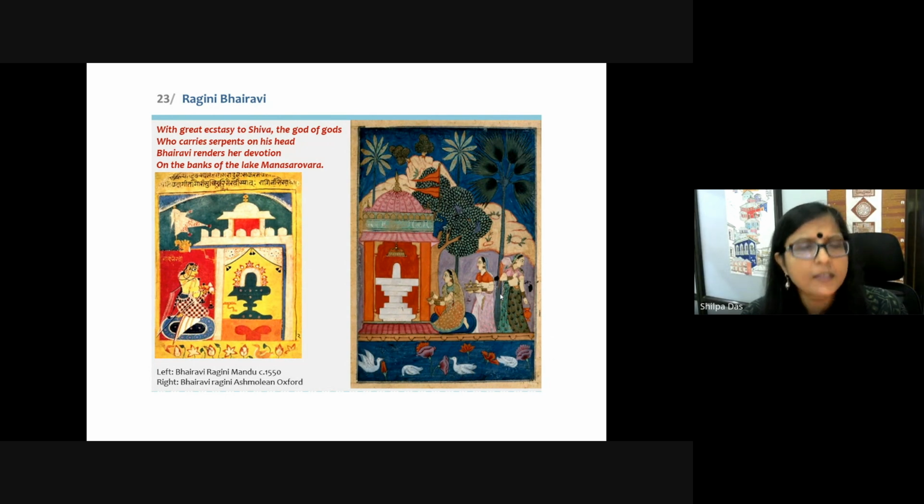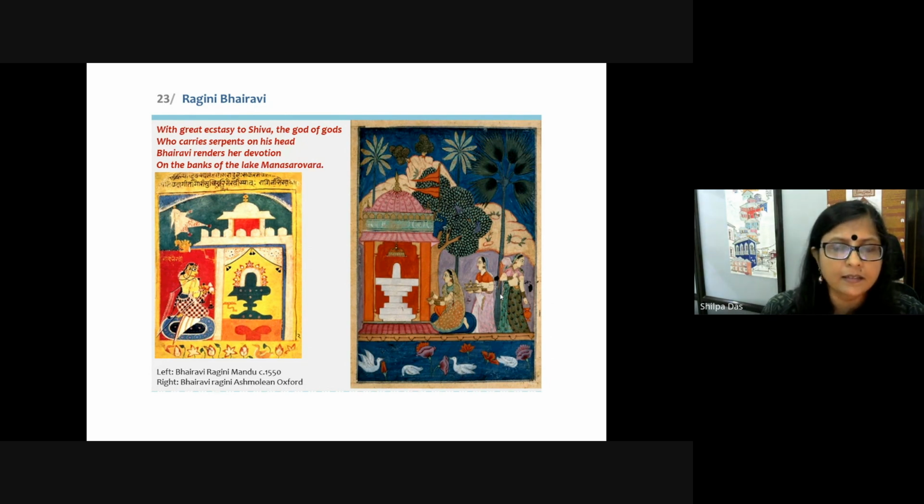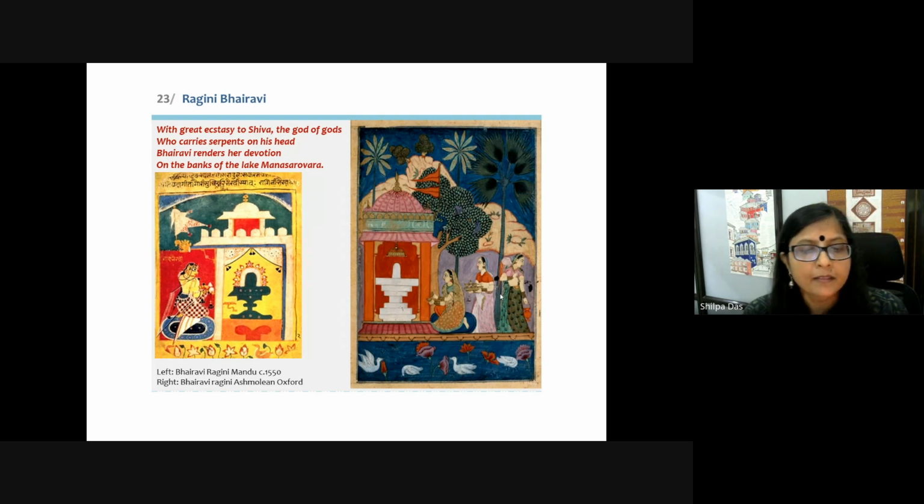She's usually shown seated, offering worship to the Shivalingam by the side of a water body. You can see in both the paintings, in the bottom register, there are lotuses and waterfowl or swans. She's shown playing on the manjira or cymbals as she sits there. And the time of day is usually the morning.